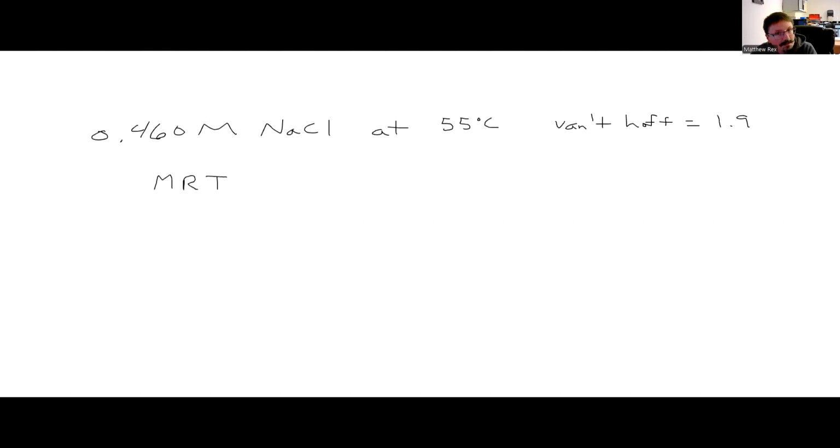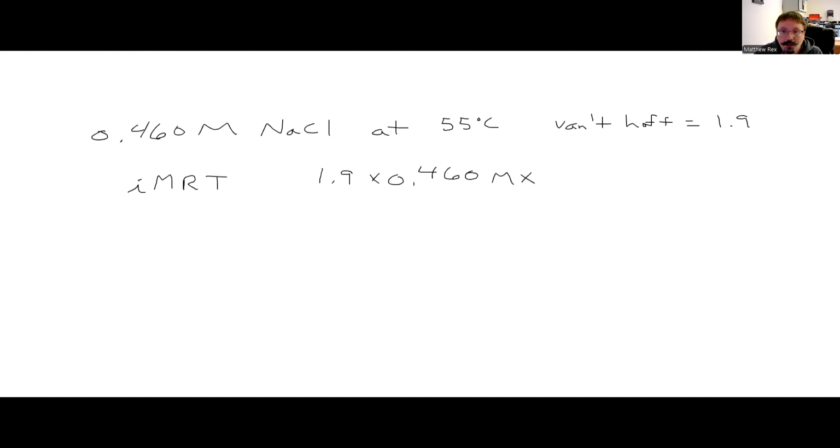And in this case, since it's the molarity of the solution, it's how many moles of solute particles do we have. So we would need i to factor into that molarity. So I'm going to take my Van't Hoff factor times my molarity.